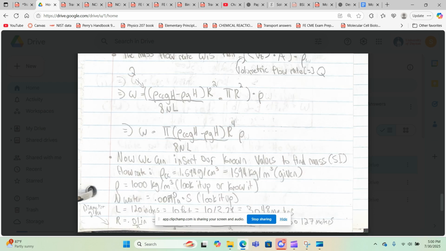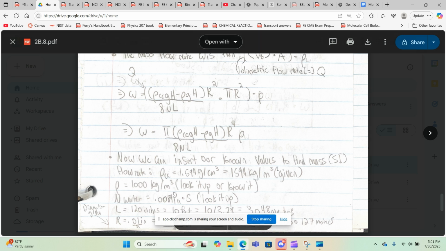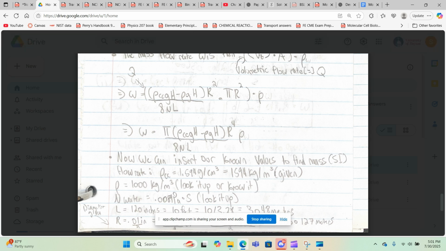So now we can insert our known values to find mass flow in SI, because I hate using United States units because they're just terrible. It gives us the density of CCl4, 1.594 grams per centimeters cubed, which equals 1,594 kilograms per meters cubed. That's SI units for density rho.